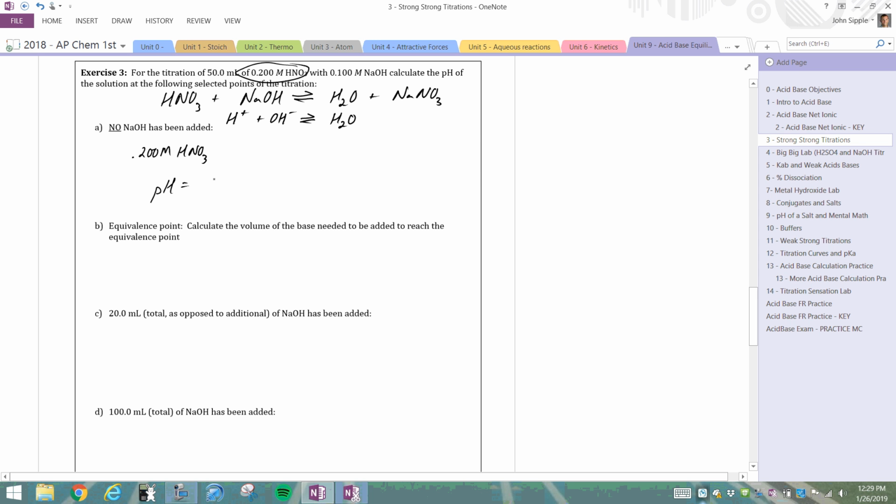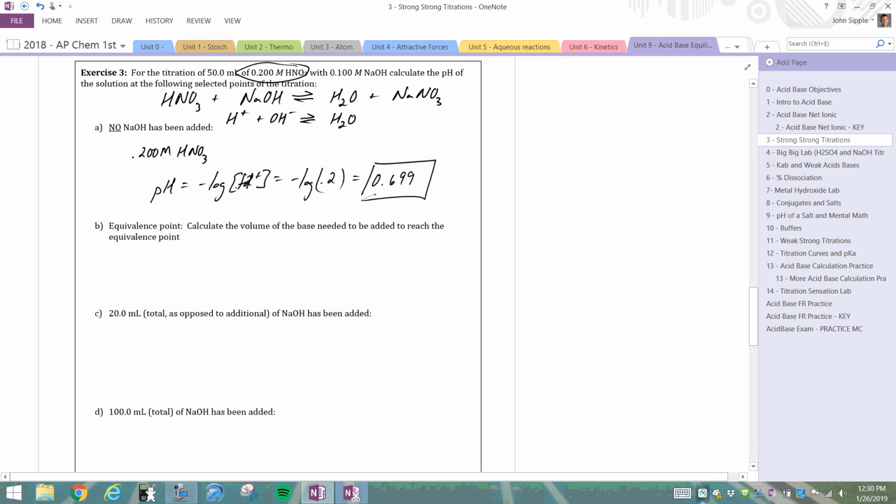So pH is equal to negative the log of the concentration of H+, which is negative the log of 0.2 molar, which is 0.699 for our pH. So we haven't added anything, 0.699.